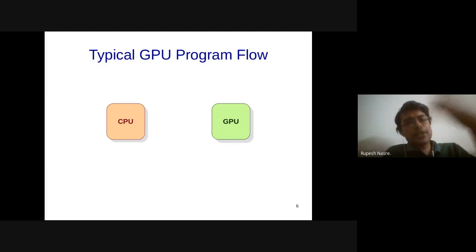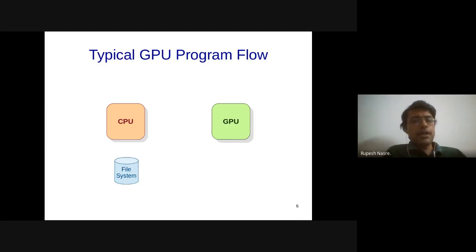The input is likely to be given as part of some external device or some external input, right? Typically it gets stored inside your file system on the disk, but that is just one scenario I'm showing, because I'm talking about a server scale setup where you have a large amount of data which need not be randomly generated. It could actually be coming from a file, or it could be coming from a socket.